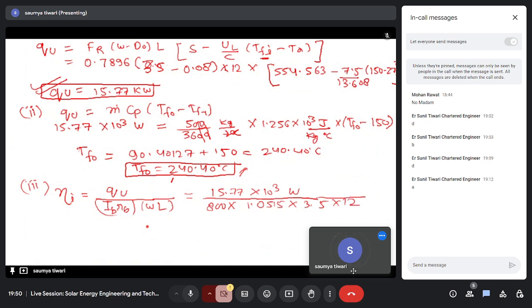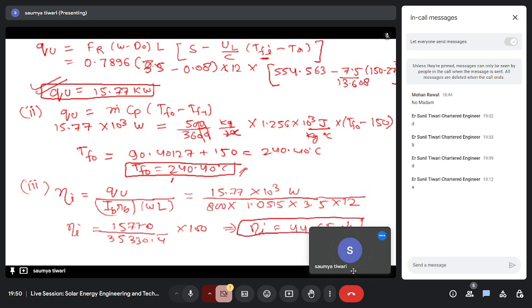We'll solve this. Instantaneous efficiency will be 15770 upon, if we multiply all this, 35330.4. We are talking about percentage, so into 100, this will come to be 44.65%.